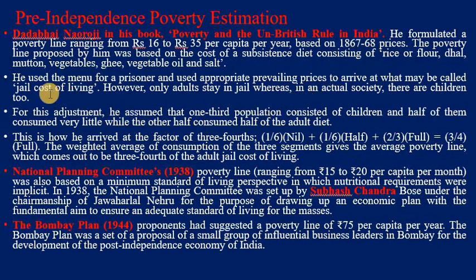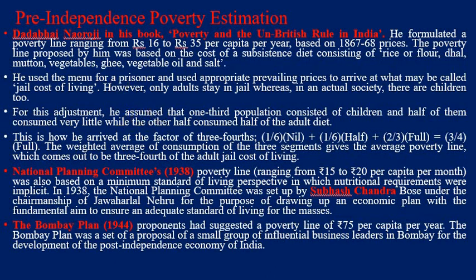Here he used a menu for prisoners and used appropriate prevailing prices to arrive at what we call a jail cost of living. It's a unique one which he used. So what is the cost of living in the jail? Based on that, he tried to estimate it.